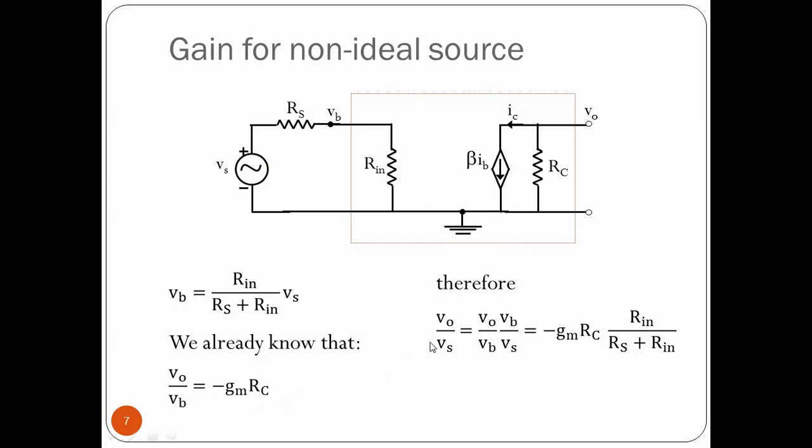So VO over Vs we can write as VO over VB into VB by Vs. VO over VB is minus GmRc. VB over Vs is all this. So we get the total gain as VO over Vs equal to minus GmRc into Rin by Rs plus Rin. So this is the answer to our question. Now let's think about the implications of this gain expression.